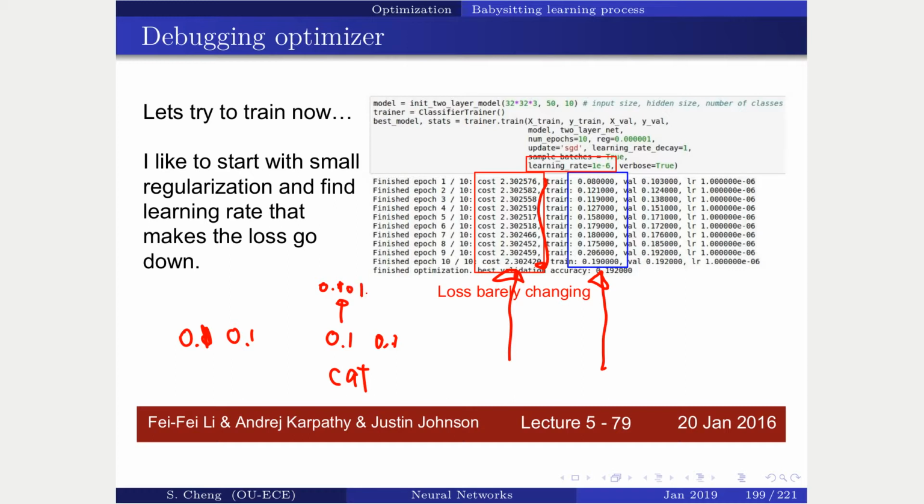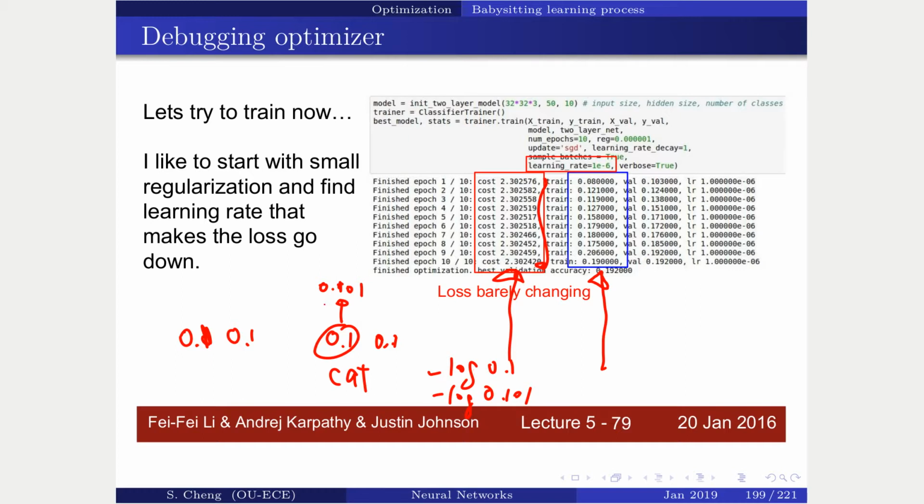Now, the cross entropy loss is minus log p, so minus log 0.1 versus minus log 0.101. Therefore, it barely changes at all.